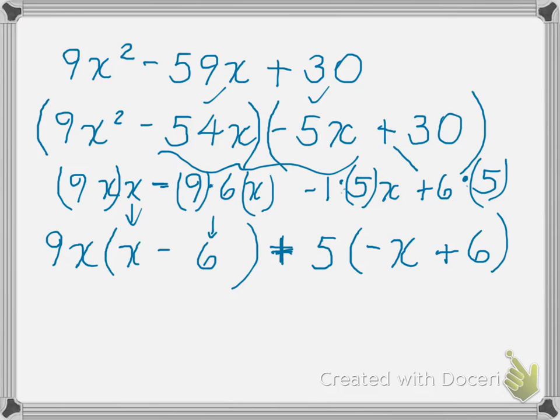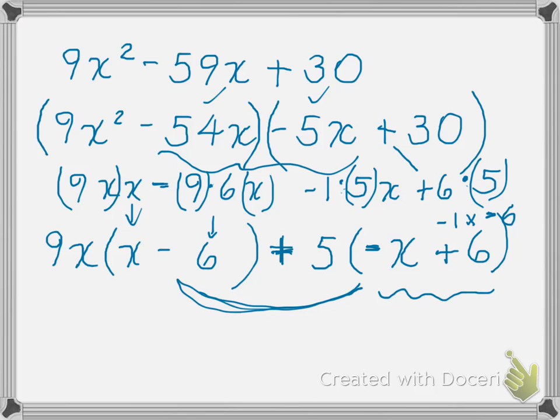But now we need to take out a common factor, and as you see they're not exactly the same, so we have to force them to be the same. The way we could do that is, for this one right here, we can take out this negative 1. So this is a negative 1 times x, and this is like a negative 1 times negative 6, right? We could make it that way, because it's true.